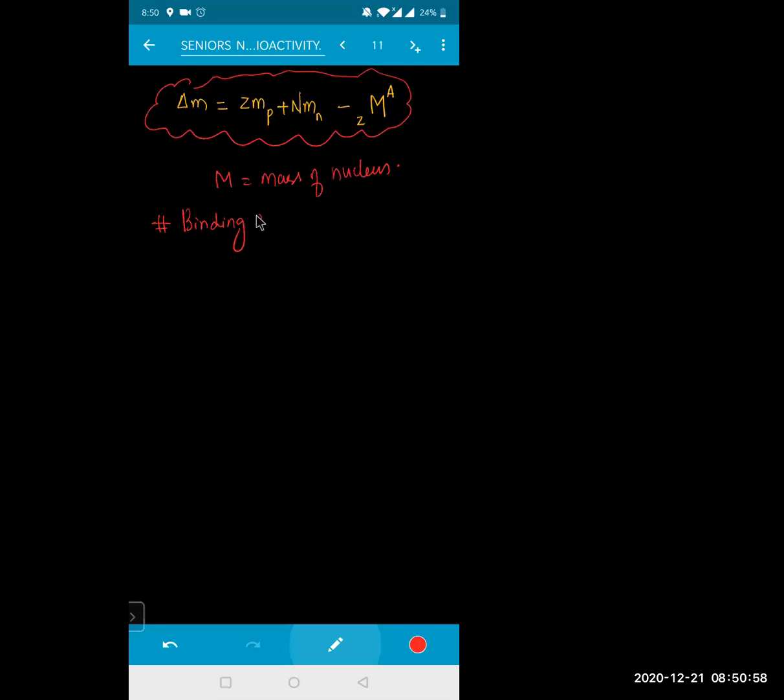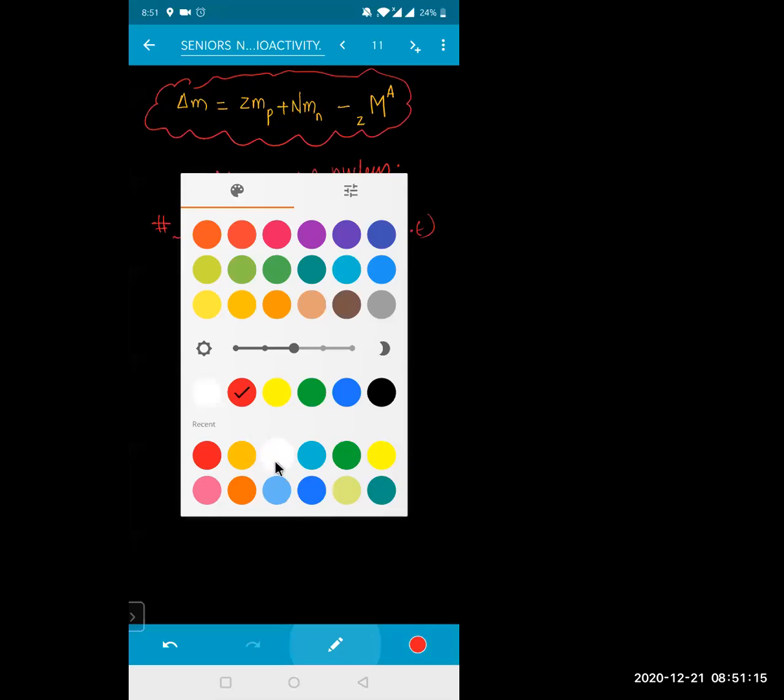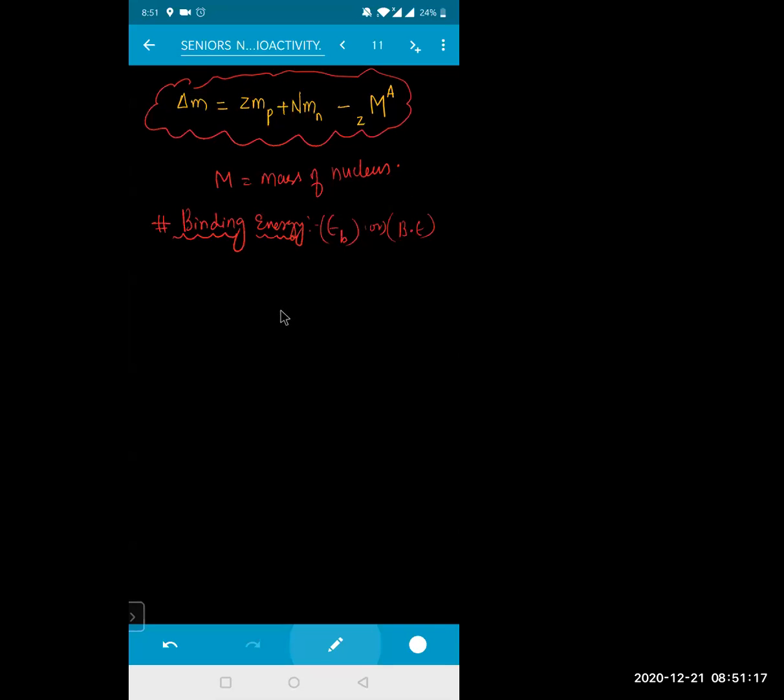Next one is binding energy. It is represented by EB, or we also write it as BE, anything. See, what do you mean by binding energy is nothing but the total rest mass of the separated nucleons is greater than the rest energy of your nucleus. అవునా కదా?